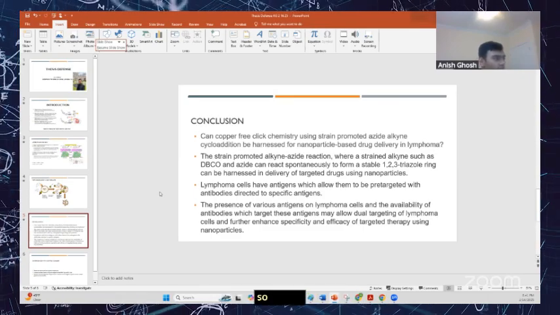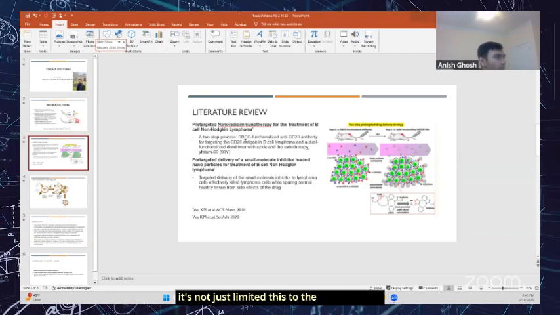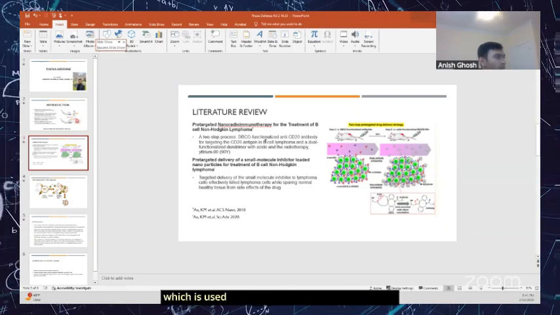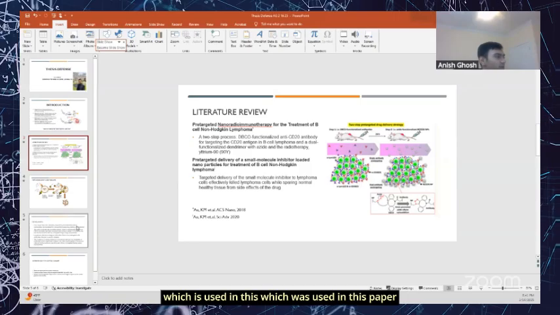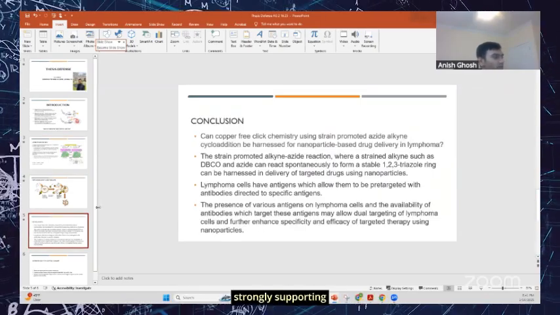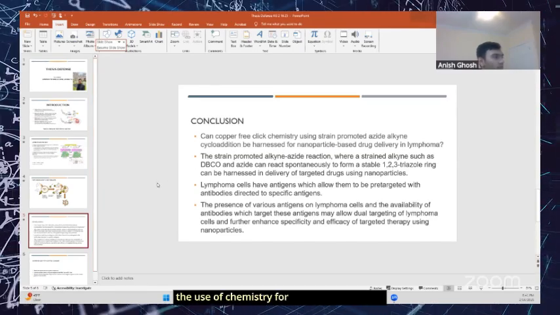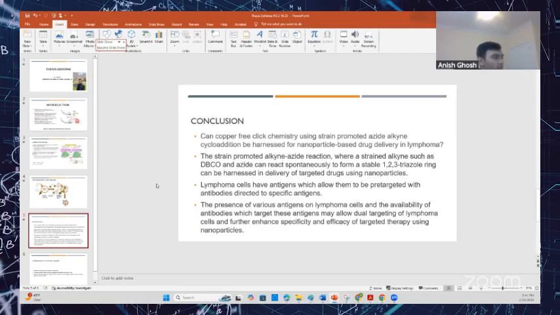So it's not just limited to the CD20 antigen, which was used in this paper, which means that the findings are strongly supporting the use of click chemistry for targeted drug delivery in lymphoma.